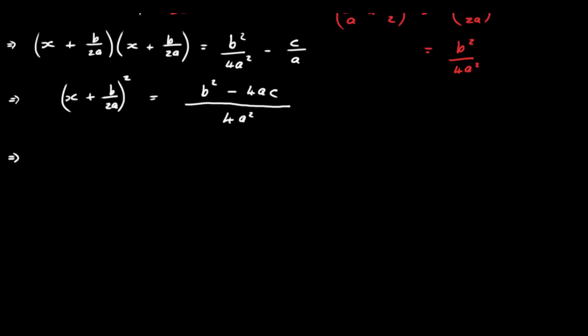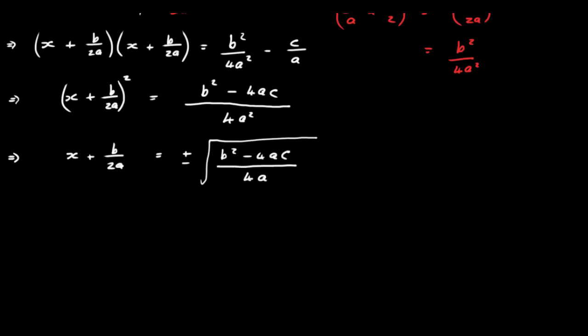What I'm going to do next then is just square root both sides. So if I square root the left hand side, I'll get x plus b over 2a. On the right hand side, I'll just get the square root of the right hand side, but I'll have to allow for the plus and the minus version. So it's going to be plus or minus the square root of b squared minus 4ac all over 4a squared.